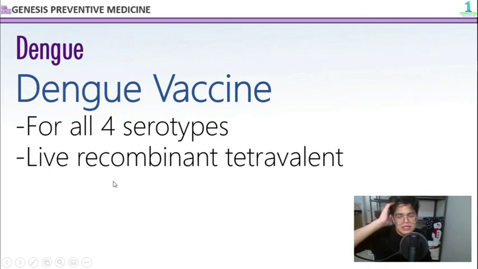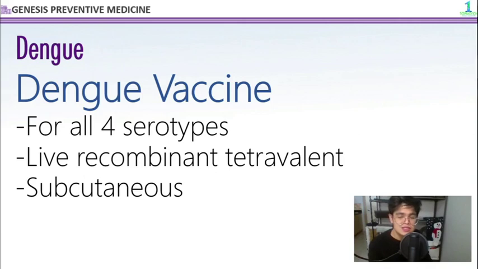Recombinant vaccine means that generally recombinant vaccines are produced from yeast that has been assigned some genes to reproduce the immunogenic components that will induce the immunization in bodies that will receive the vaccine. So that's a rough definition of recombinant.